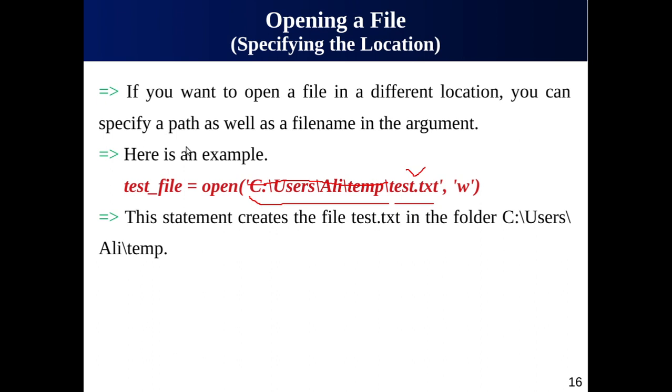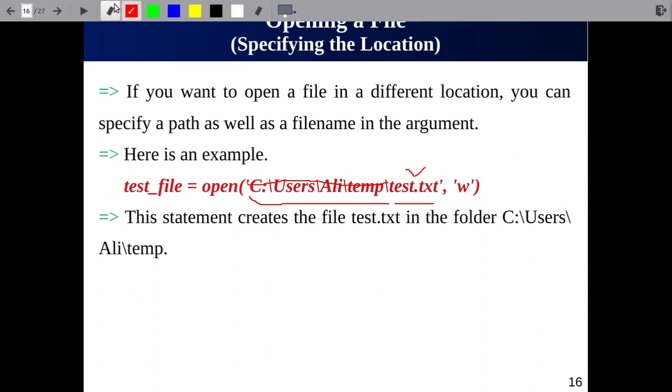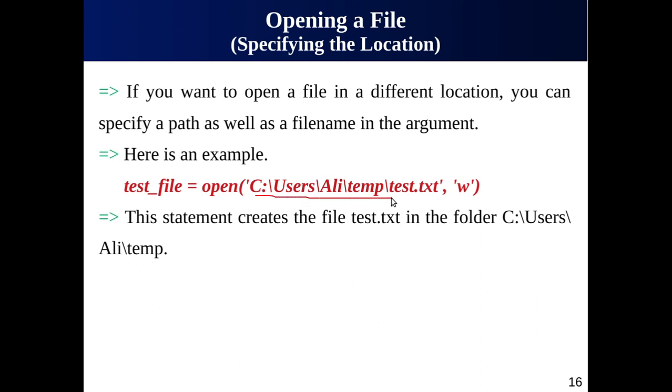Normally, Python is located in the C users folder or in the program files in Windows. In Linux, the location is different. So if you want to open a file which is in a different location, you have to specify a path. This is the path. My file test.txt is stored in C drive, and in C drive I have a folder with the name users.